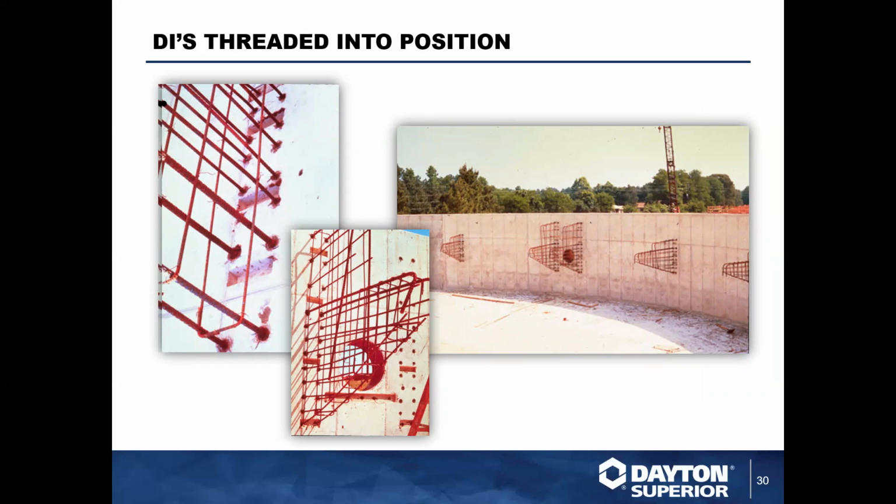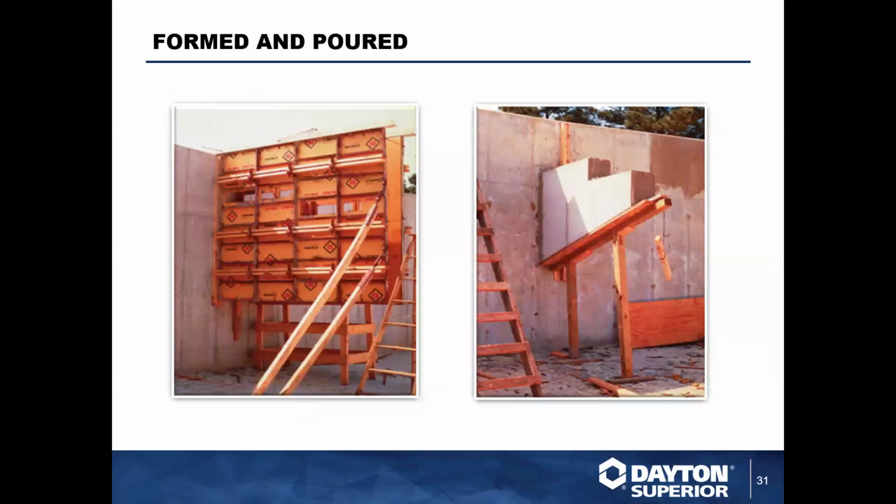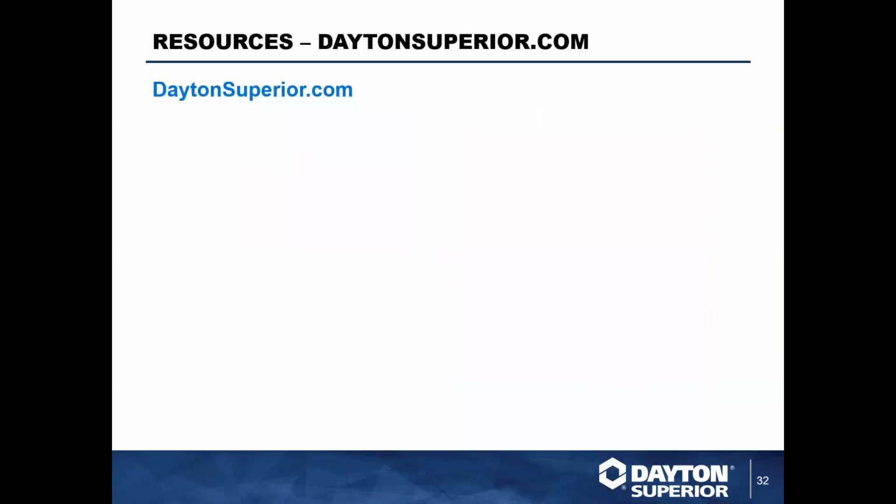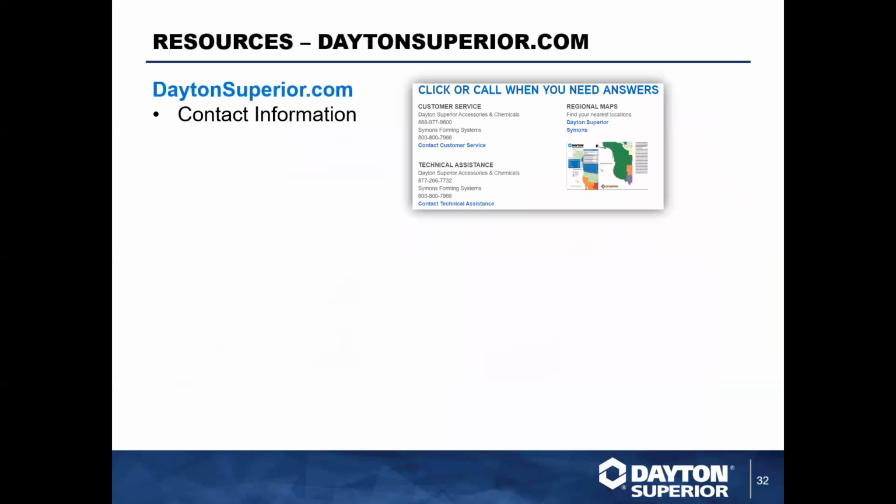You can do the same type of operation with corbels in a parking structure, etc. Once this is all formed up, it will actually create the system for pouring your concrete, making the pours much easier on the contractor.